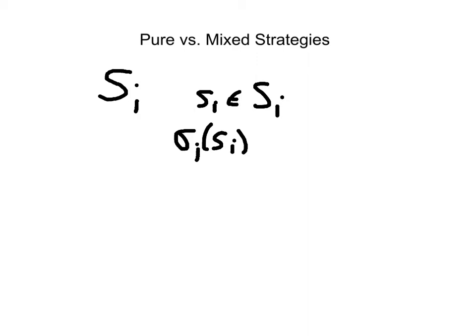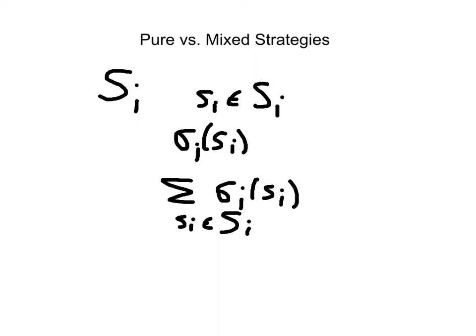This is the probability that the pure strategy is played. And the sum, of course, of all such probabilities for all strategies in the strategy set is equal to 1.